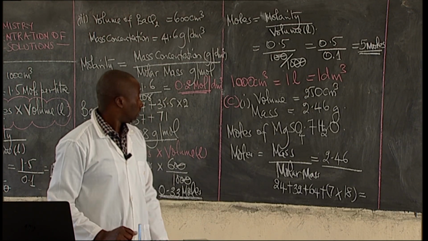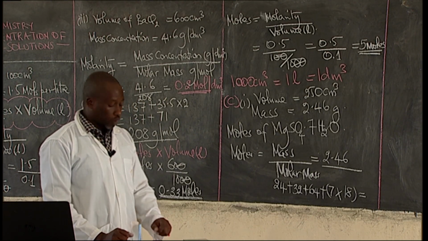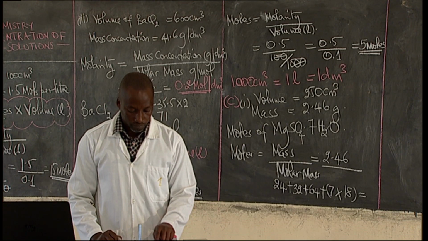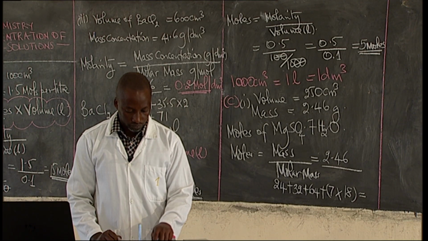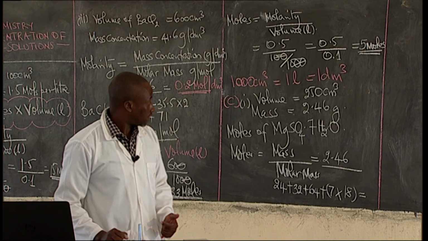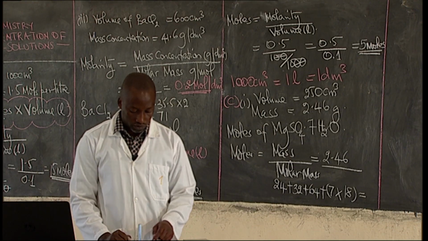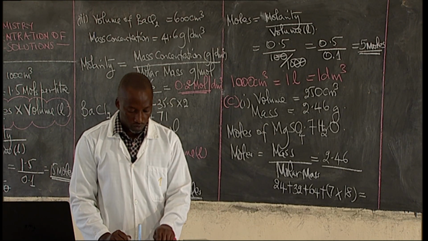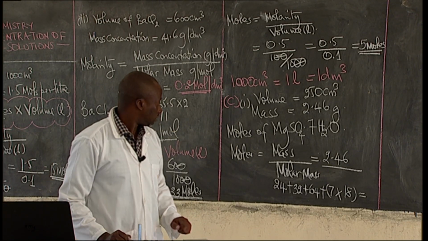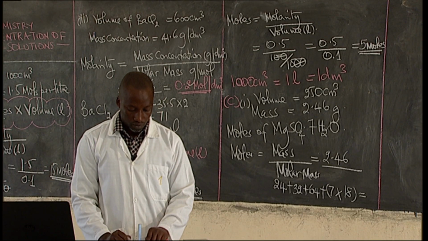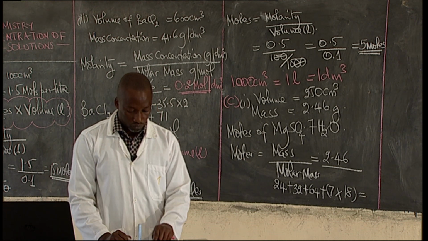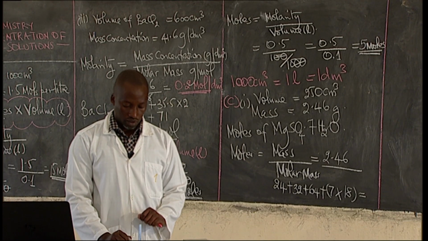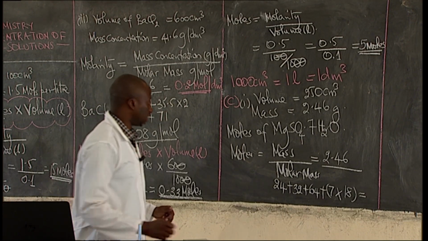So we'll start with 7 times 18, that gives us 126, plus 64 plus 32 plus 24. What do you have? I have 246.